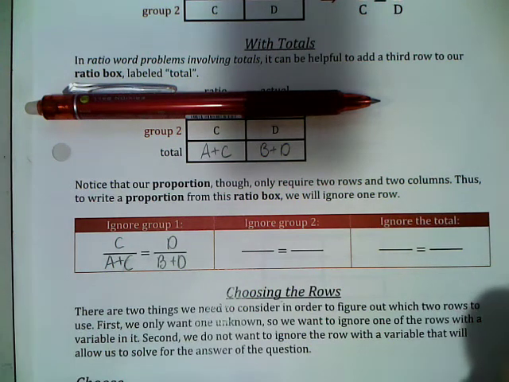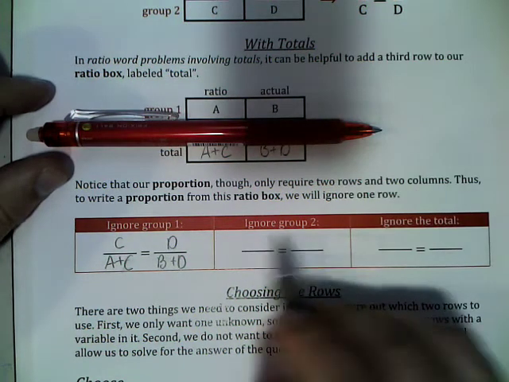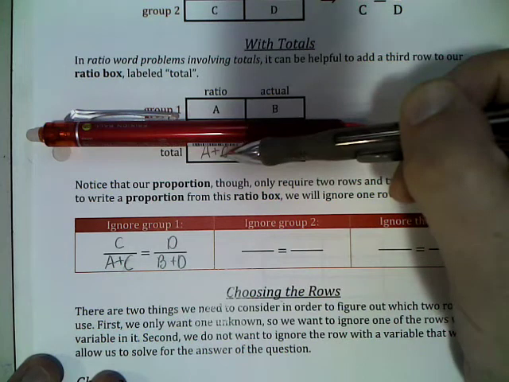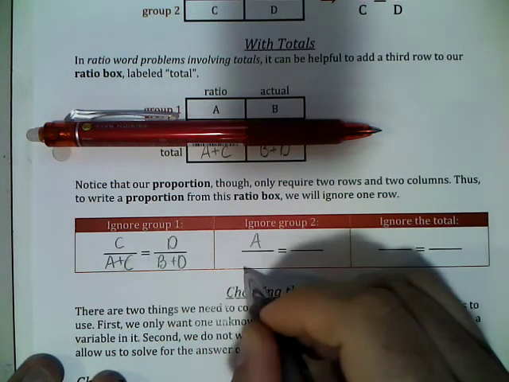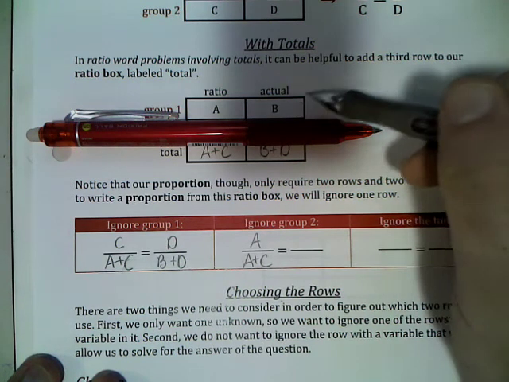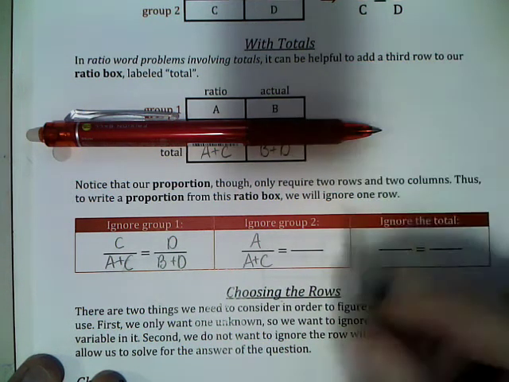That's my first proportion. To make my second one, we're going to ignore group 2. Then this will be A over A plus C. And then the second fraction here will be B over B plus D.